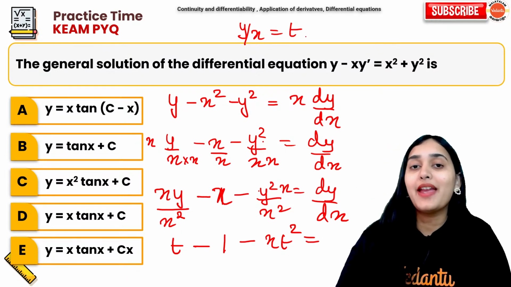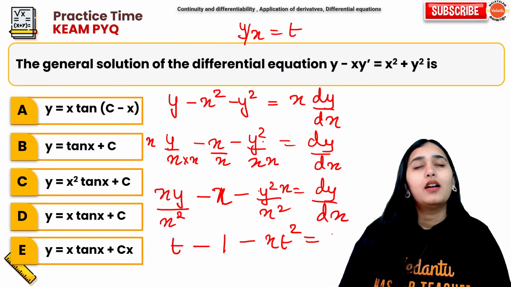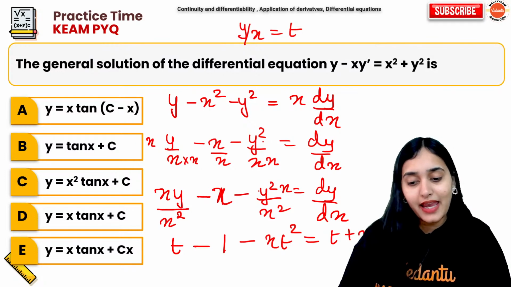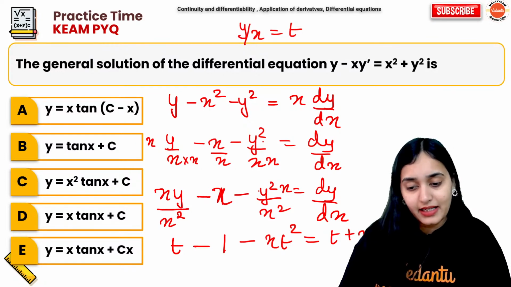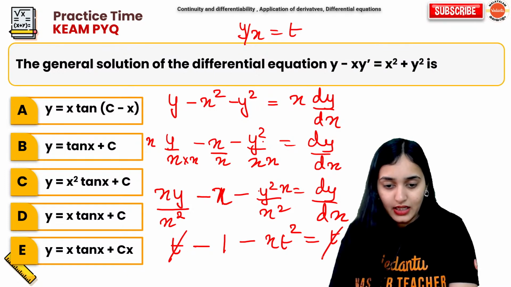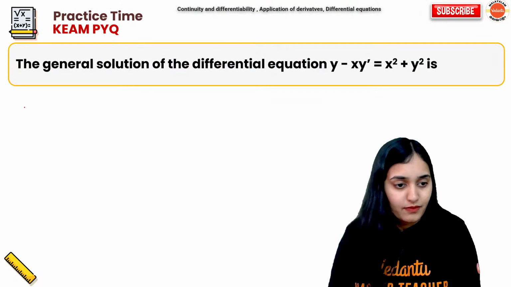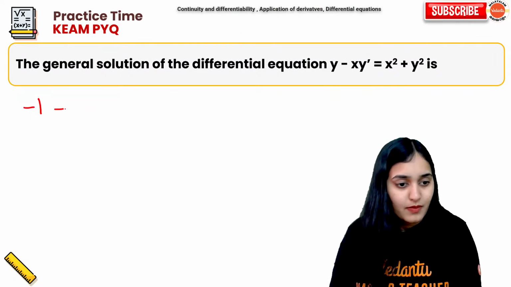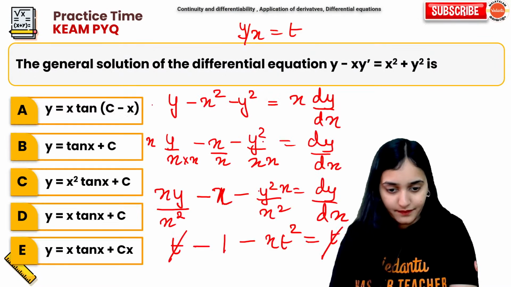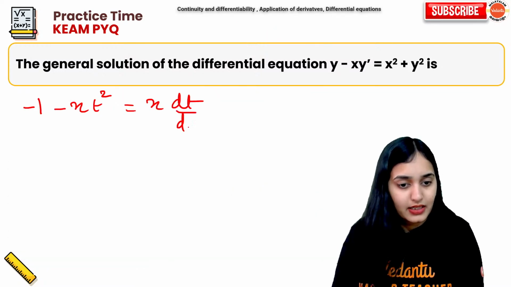Now if y by x is t, dy by dx becomes what? It becomes t plus x dt by dx. Now let's transform our equation. So t cancelled. So here we have minus 1 minus xt square is equal to x dt by dx.